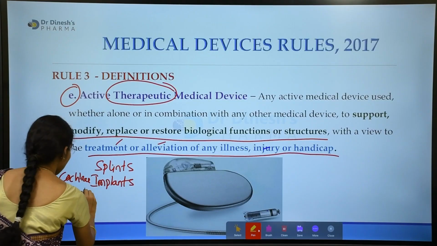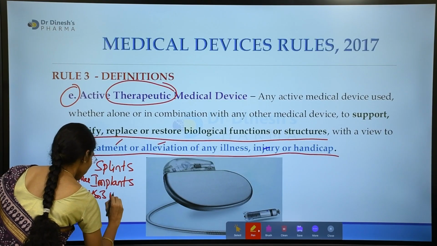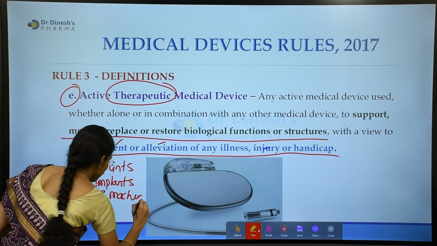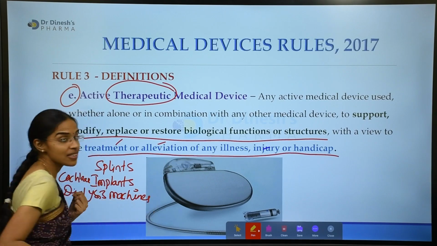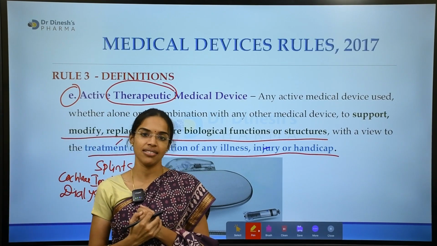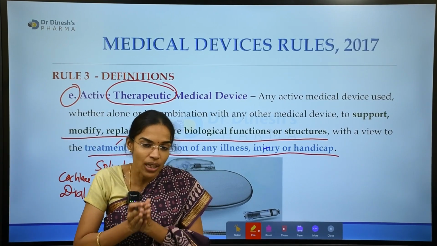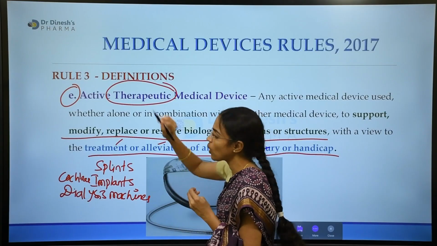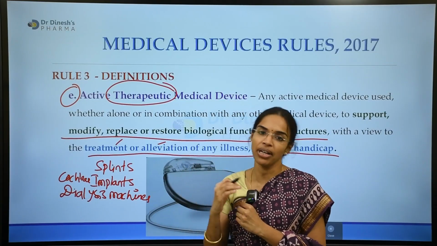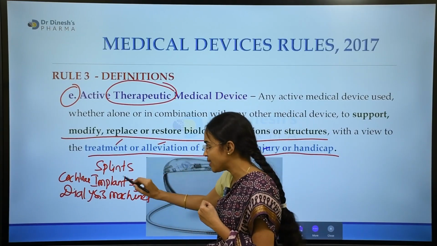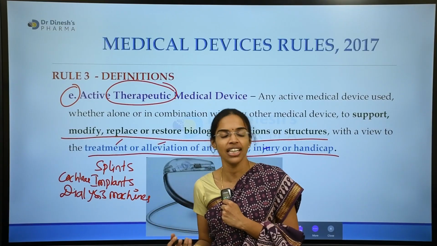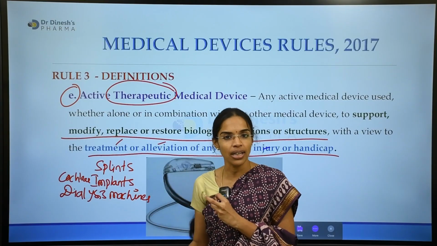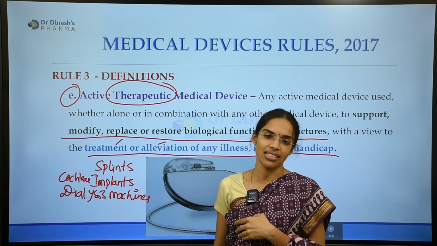So anything like dialysis machines or dialysis tubings, because they involve certain treatment of illness. Whenever the term treatment is involved, they come under active therapeutic medical devices. Like splints, cochlear implants, dialysis machinery, etc. All these are covered under active therapeutic medical devices.